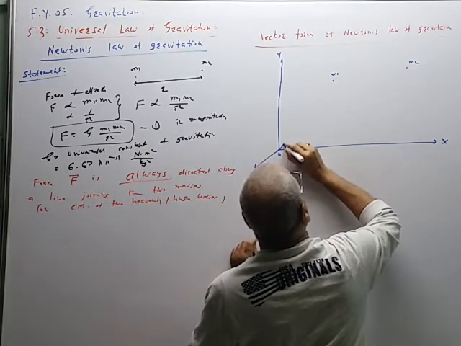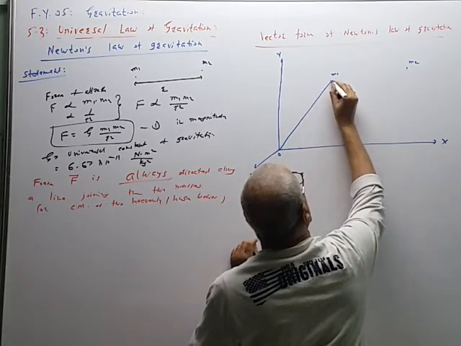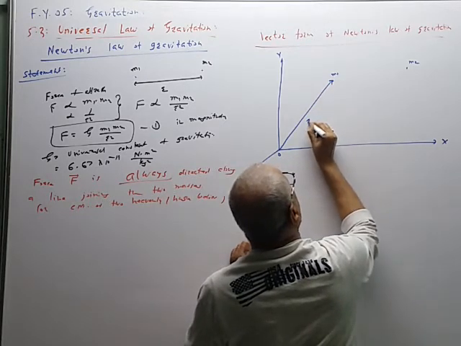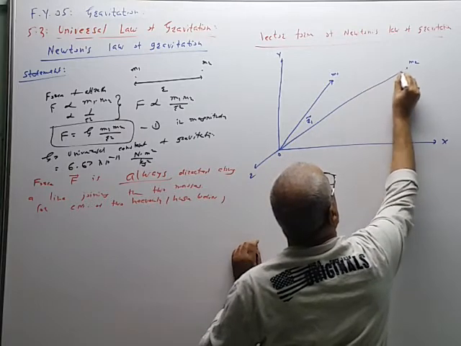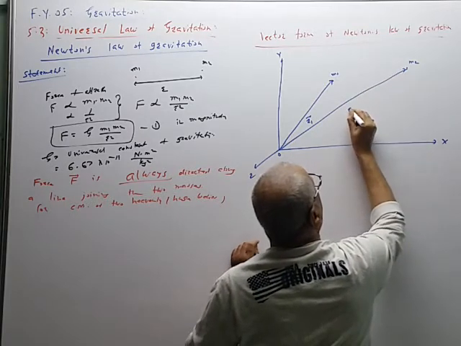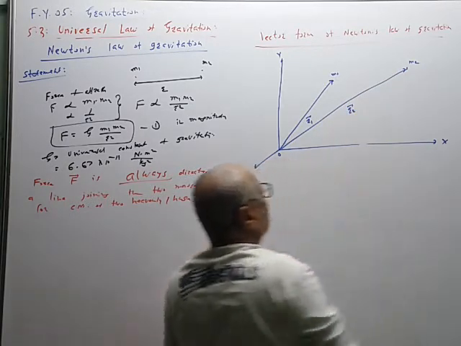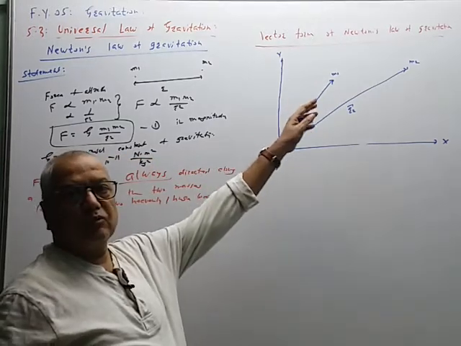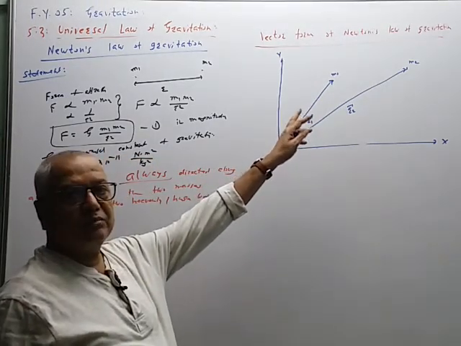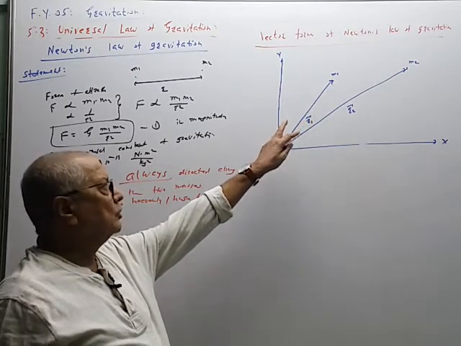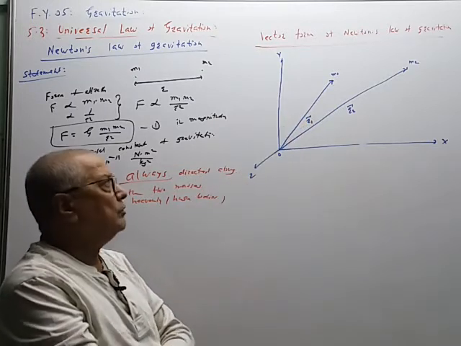So the first particle has the position vector r1. The second particle has the position vector r2. So if m1 has coordinates x1, y1, z1, then r1 is given by i times x1 plus j times y1 plus k times z1. So r1 and r2 are the position vectors.